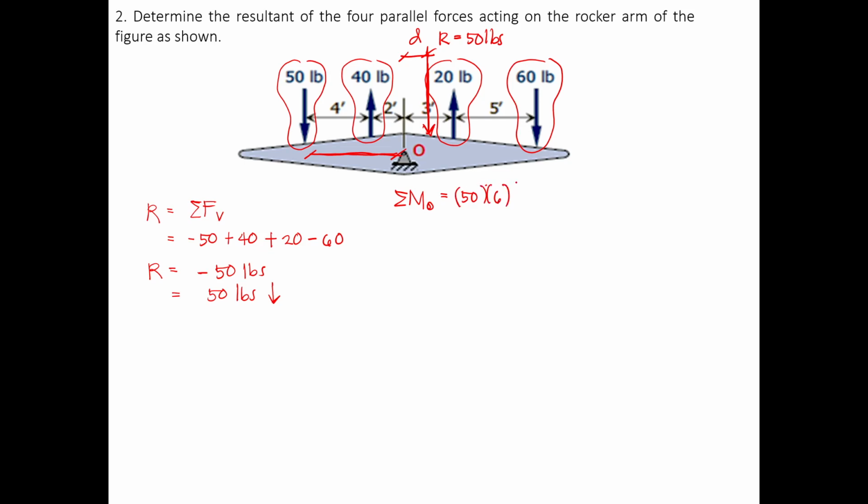Next is this distance here, which is 2. The distance of the 40-pound force from point O is 2 feet. And the rotation, if you push the tail of the 40-pound force, is clockwise, so that will be negative. So that's 40 times 2.